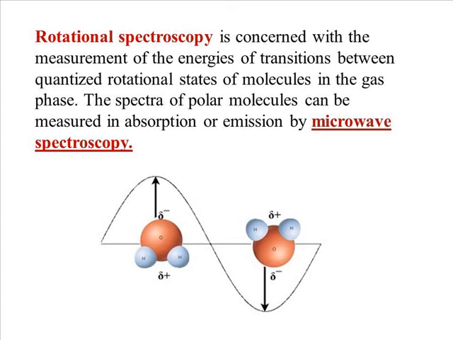Rotational spectroscopy, as I mentioned earlier, is simply based on microwave energy, and you rotate molecules, polar molecules primarily, and primarily water in your microwave oven is rotated with these microwave energies.